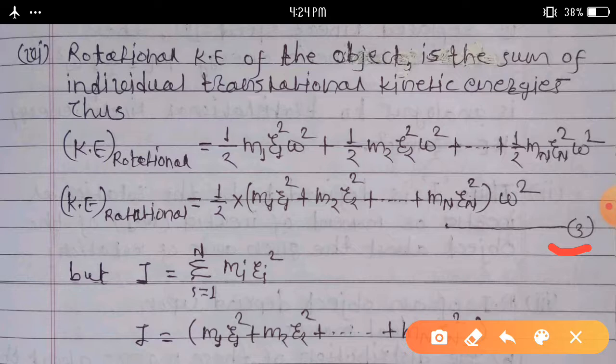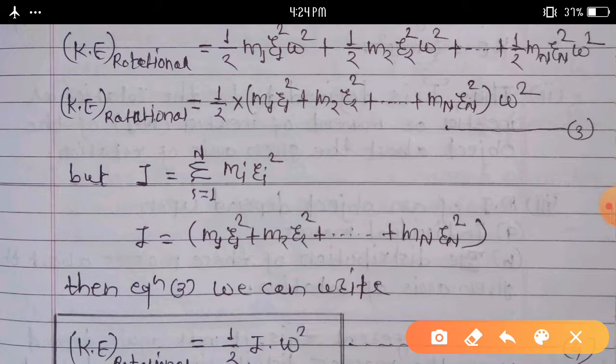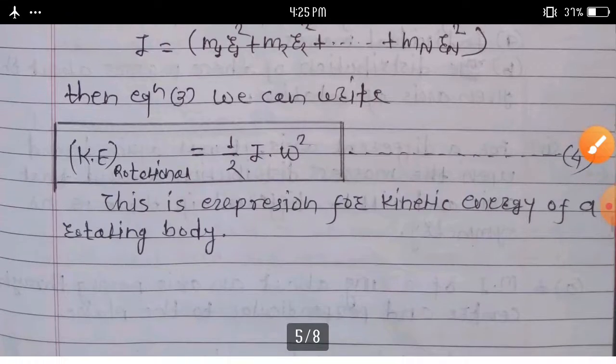Hence here I is equal to m1 r1 squared plus m2 r2 squared plus up to plus m_n r_n squared. Then from equation 3 we can write rotational kinetic energy is equal to 1/2 I omega squared. Consider this equation number 4. This is the expression for the kinetic energy of a rotating body.